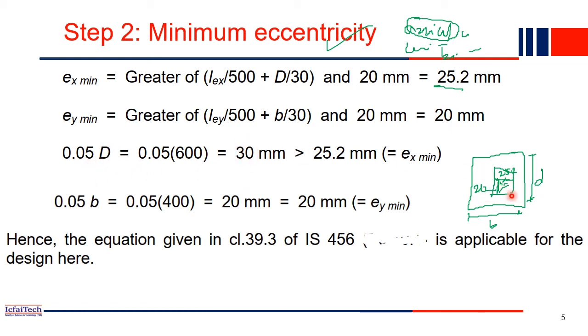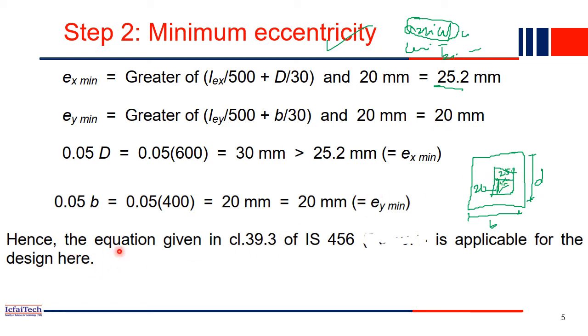So the total allowed is 30 mm, whereas ours is 25.2, right? So this eccentricity point will be lying inside this rectangle. And 0.05 B also comes out to be 20, right? So it is exactly inside this rectangle. Our point is this one, 25.2 and 20, which is inside this rectangle. That's why this is an axially loaded column.